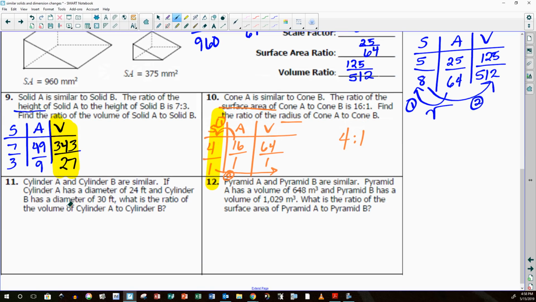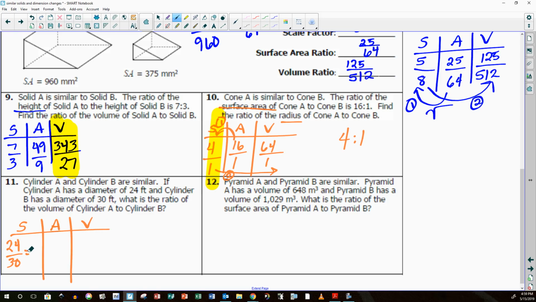If cylinder A and cylinder B are similar, and cylinder A has a diameter of 24 and cylinder B has a diameter of 30, since diameter is one-dimensional, then I want to put it in the one-dimensional column. So I'm just going to say 24 to 30.